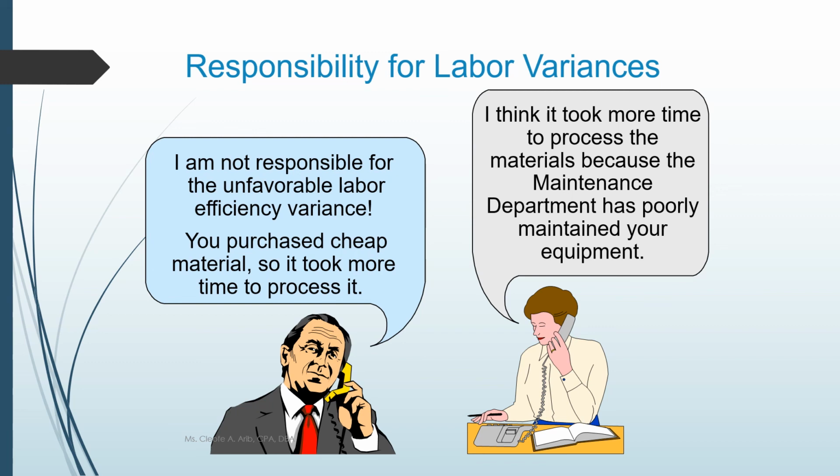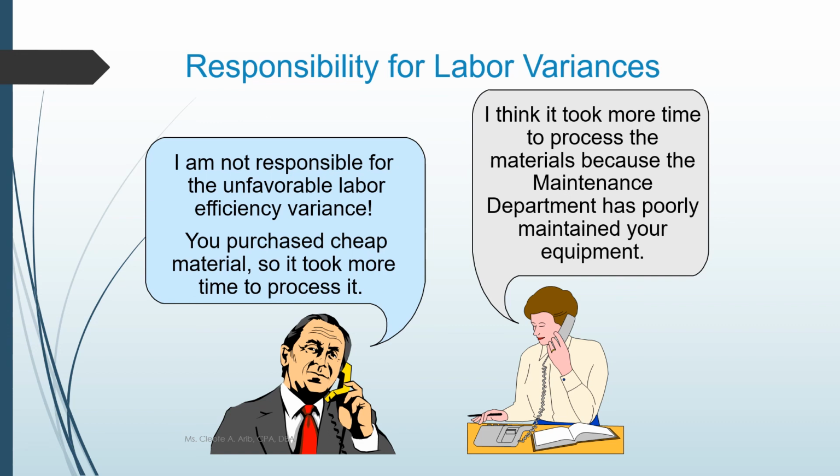For example, in efficiency, efficiency talks about how fast you are able to complete a particular task. So, it can be unfavorable, wherein you will be using more labor hours than what you have set as standard for the required hours to finish a particular task.